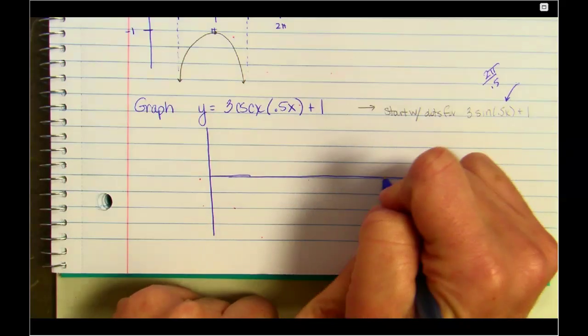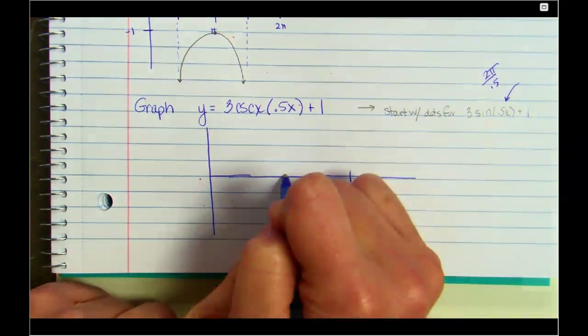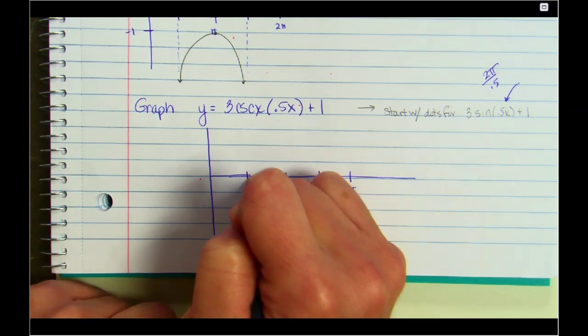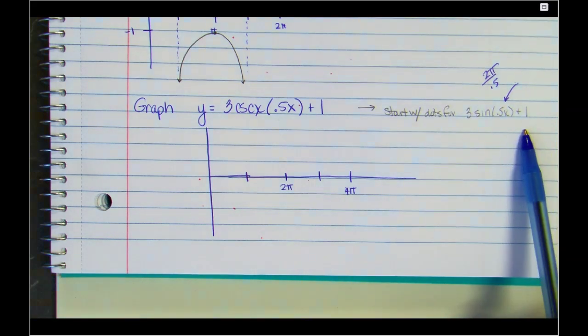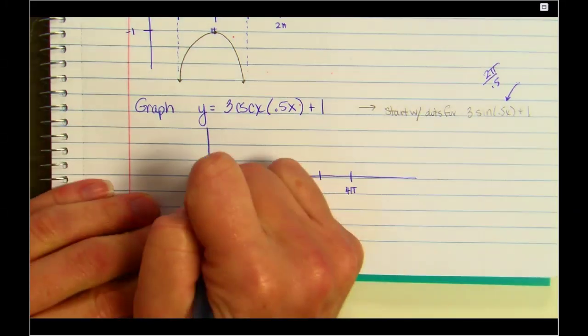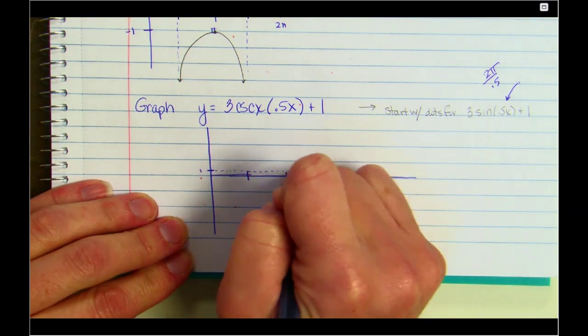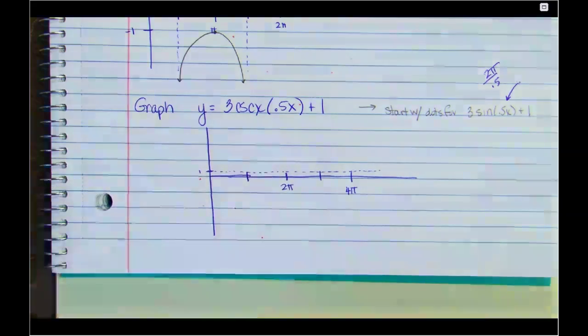Okay, so it doesn't have to be huge. 4 pi, 2 pi is half. We do have a vertical shift, up 1. This is another reason that we put the dotted line in, because it's going to help us when we make these asymptotes. And then what's the amplitude?